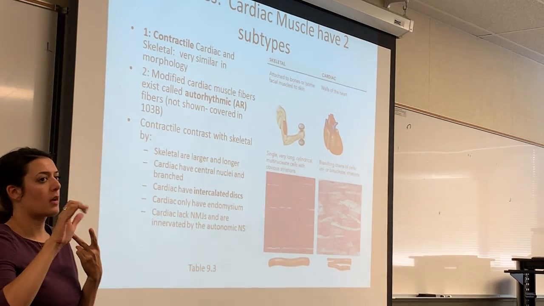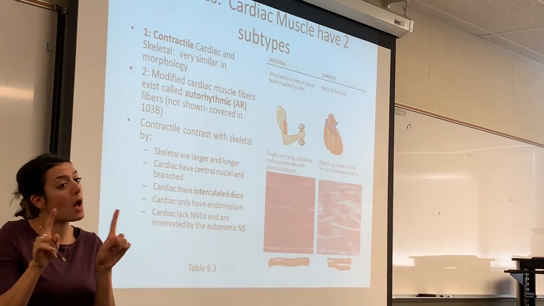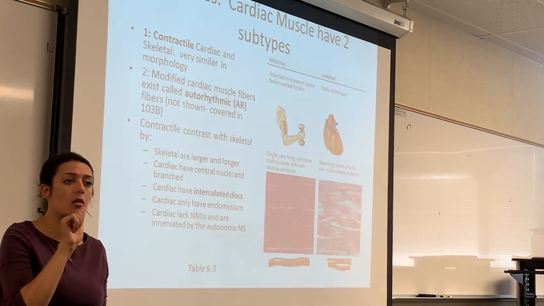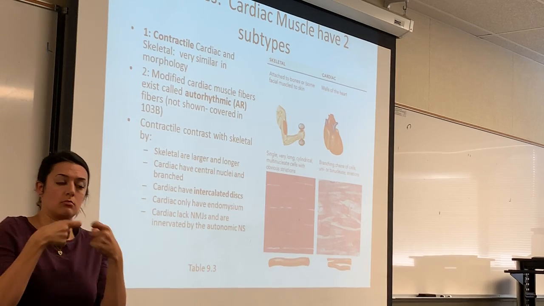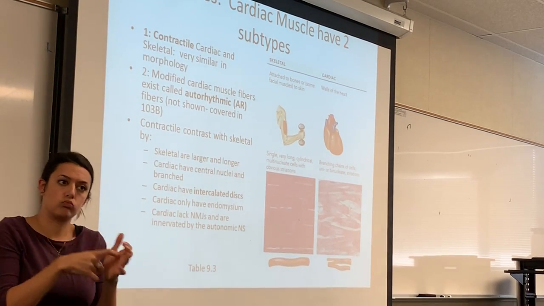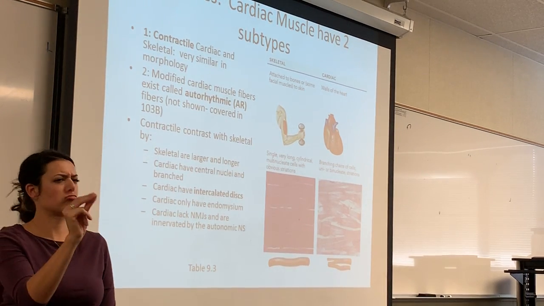There's a lot of similarity between them and a lot of differences. So both contractile and autorhythmic fibers use electricity. They both require calcium to contract. And you should not say they're both found in the heart. That's way too easy.